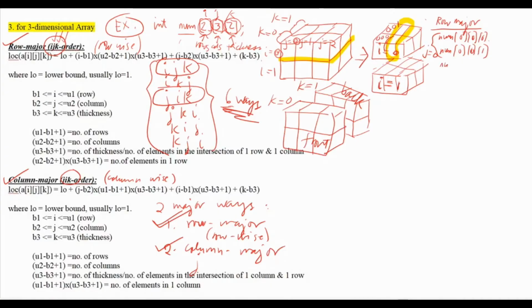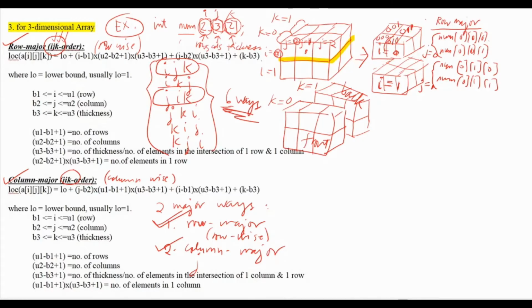So this would be num 0, 1, 0, and the next would be num 0, 1, 1. So these two elements are the elements on the second column. That is when j is equal to 1.